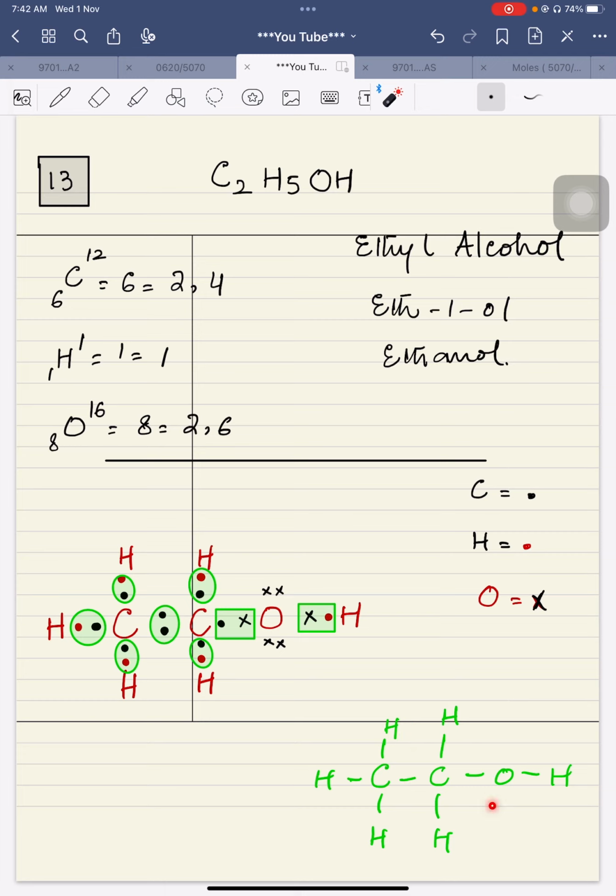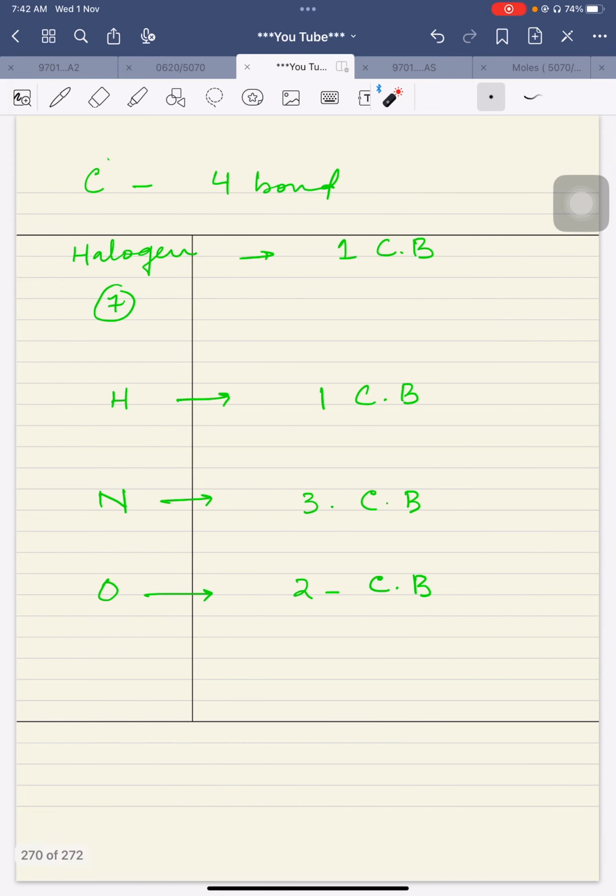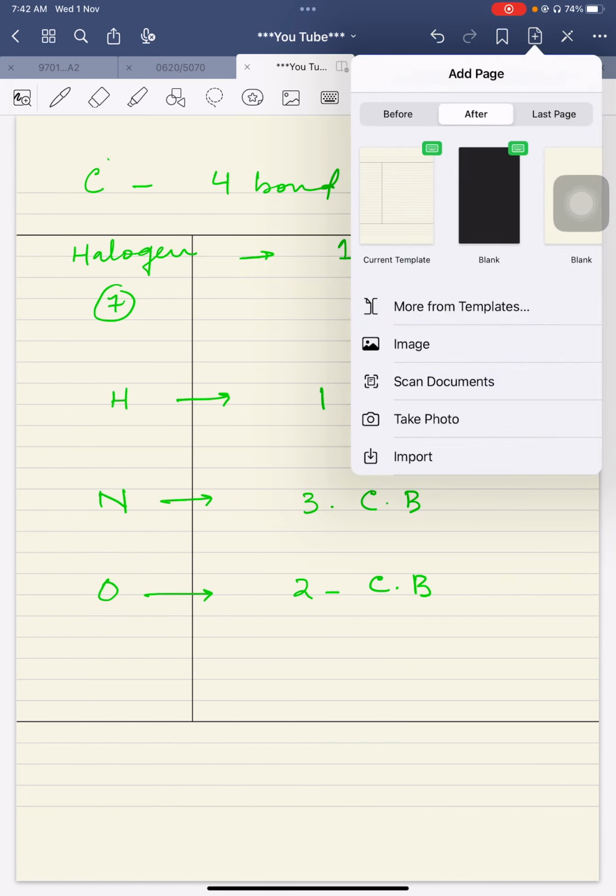But oxygen is making two covalent bonds, one with the carbon atom and one with the hydrogen atom. We can see all of these hydrogens, whether they are attached with carbon atoms or oxygen, are making single covalent bonds. So this is the story always. Please try to keep this clearly in your mind.